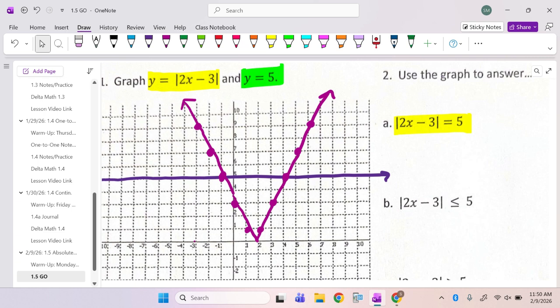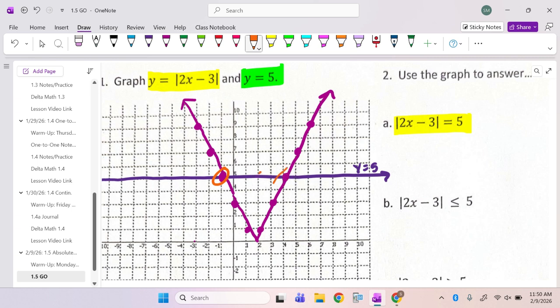So -1 and 4. Why'd you pick those? It's where this graph is crossing this other line. We already have Y equals 5. It's this purple line that we already graphed. So we're looking for where they intersect.